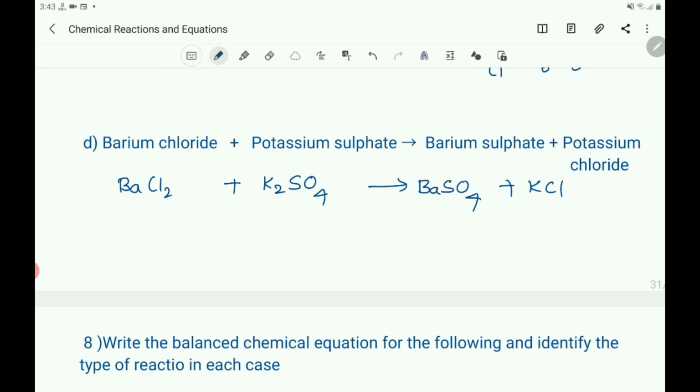Then you write here K2 is there, K is there, so you can multiply it by 2, and O4 same. Then yes, there are also single atoms on both the sides, and next here Ba single atoms on both the sides, Cl2, 2 Cl, 2 atoms on both the sides, and here you got clear that this equation is also balanced.